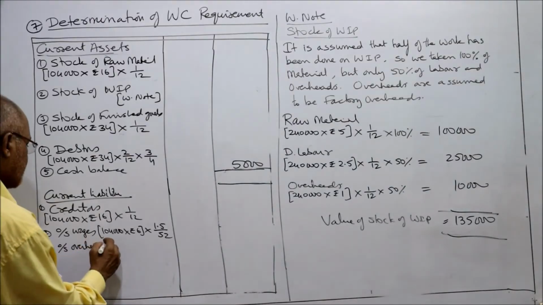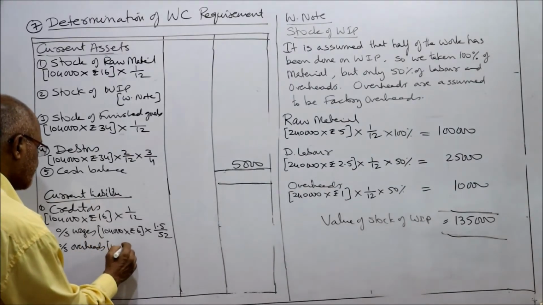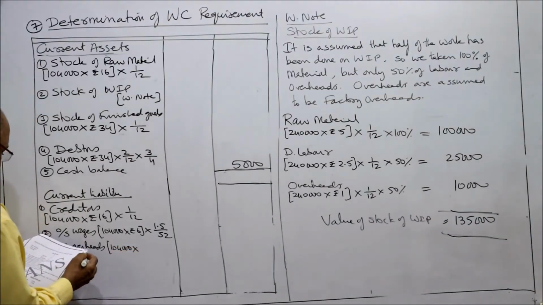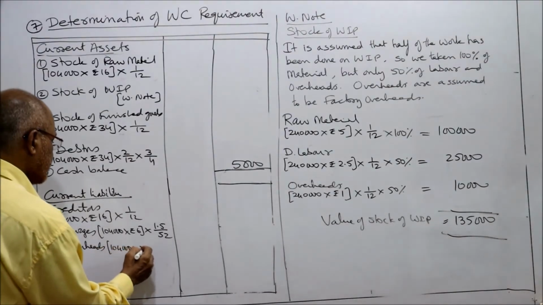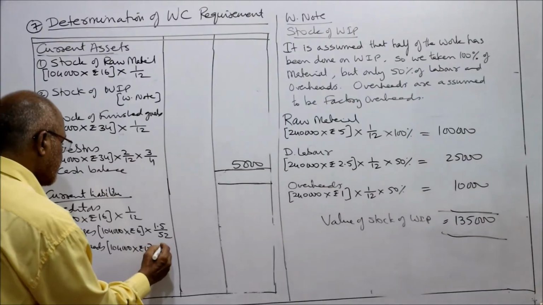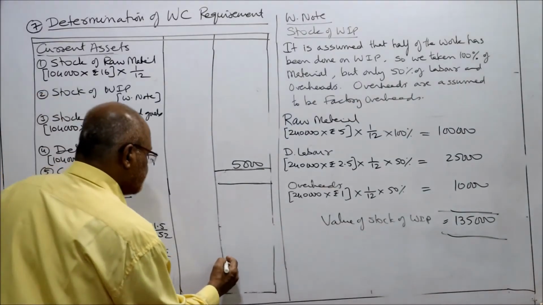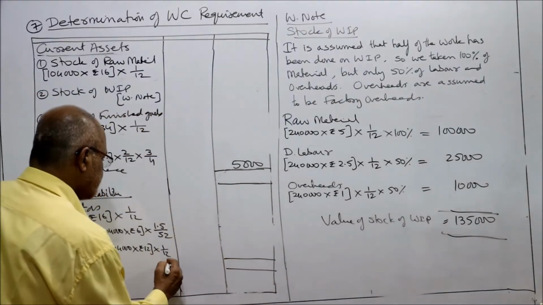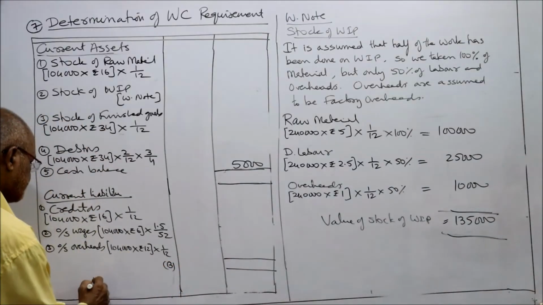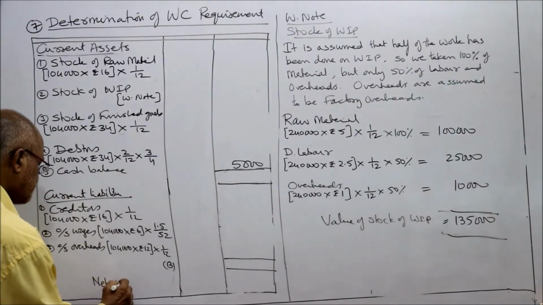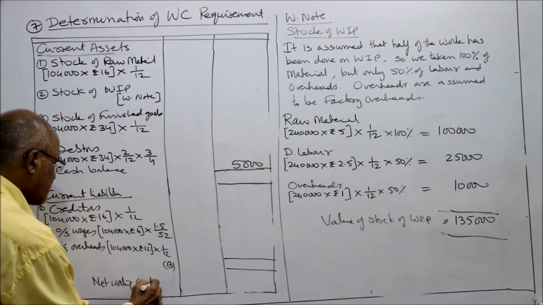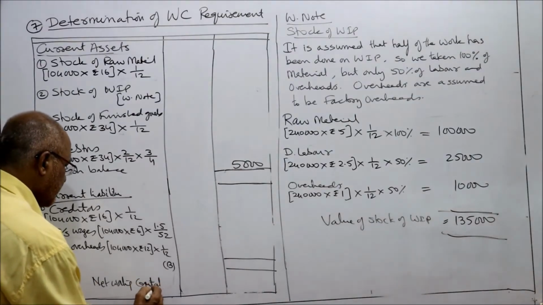Lag in payment of overheads 1 month. Overheads are 12 rupees into 1 by 12. Net working capital, A minus B.